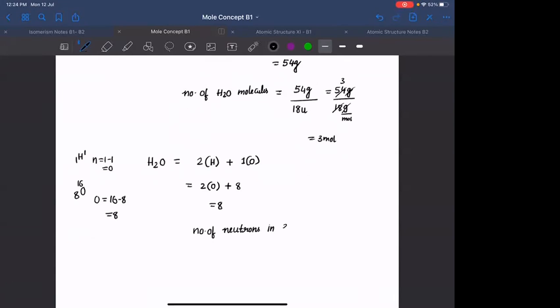Number of neutrons in 3 mole will be equal to 8 into 3 mole. It is 24 mole. It is not 24, it is 24 mole. Is that clear?